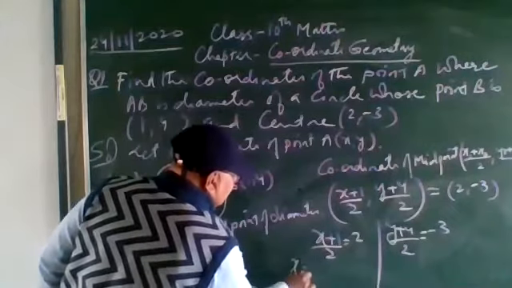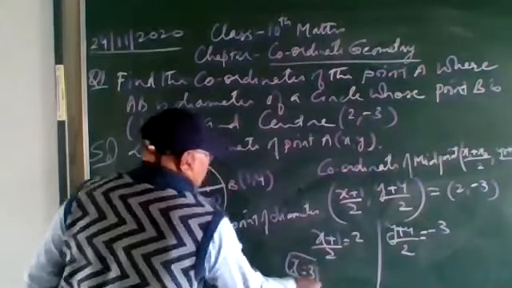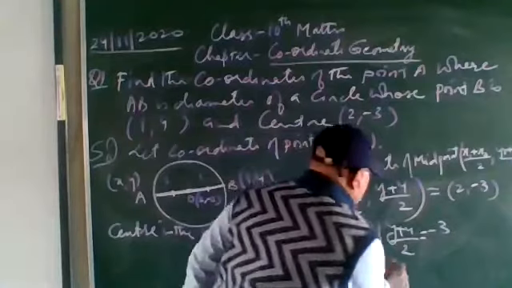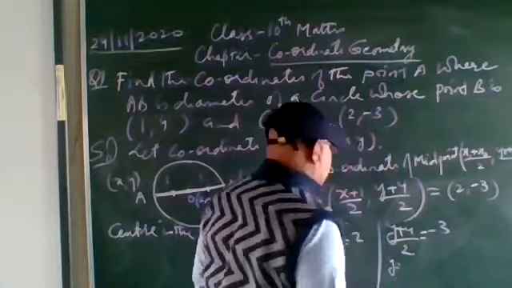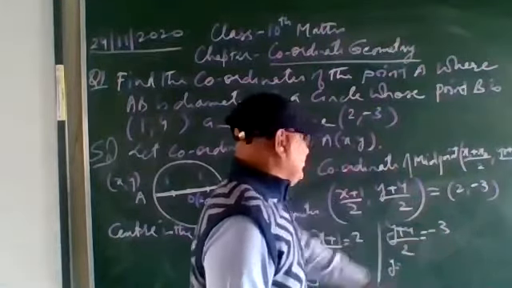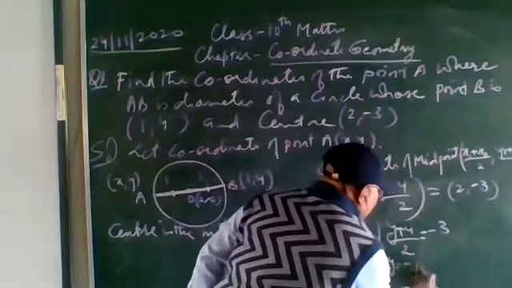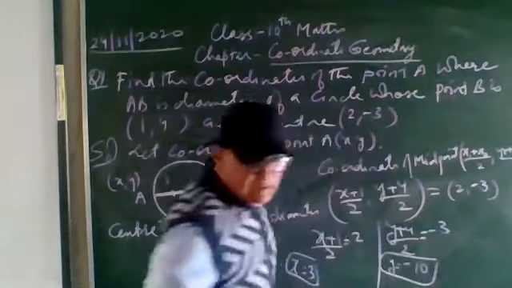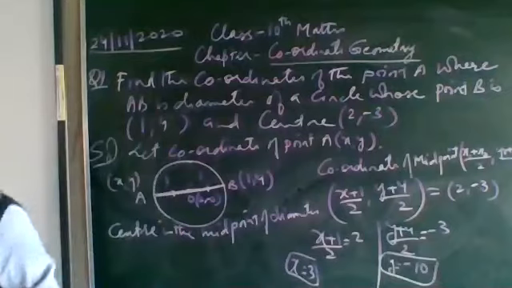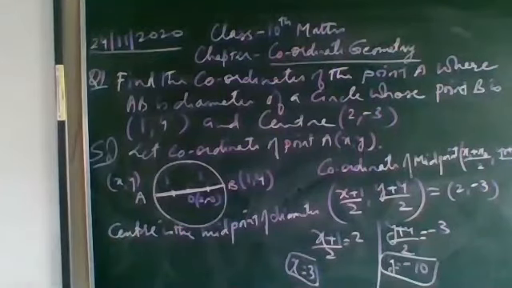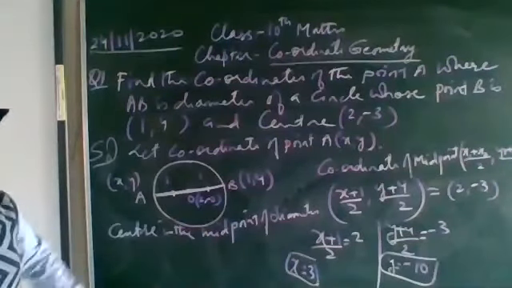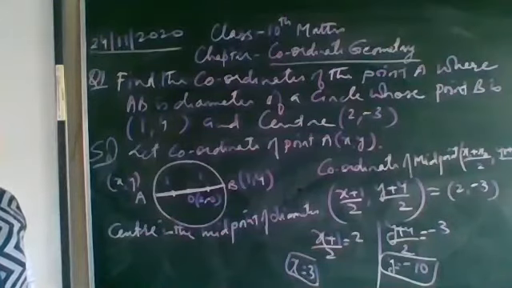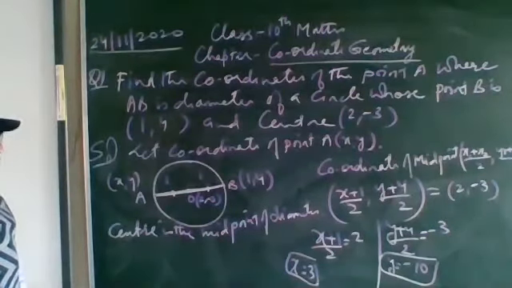So x will be 3 and y equal to -6 minus 4, that is -10. So the coordinate of A will be (3, -10). So this is the way you have to do the question.